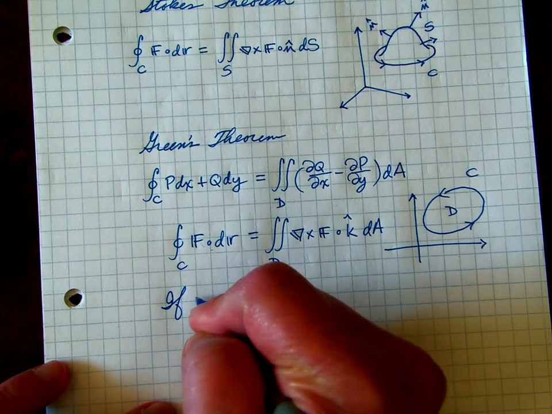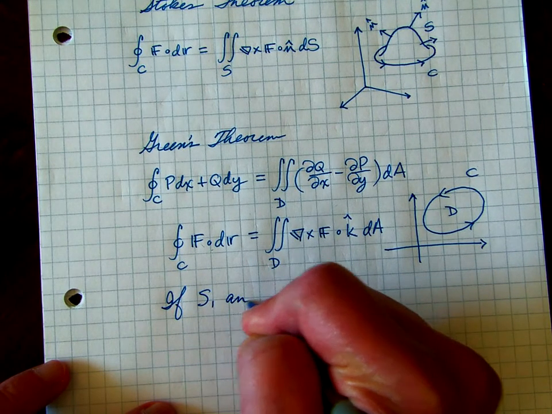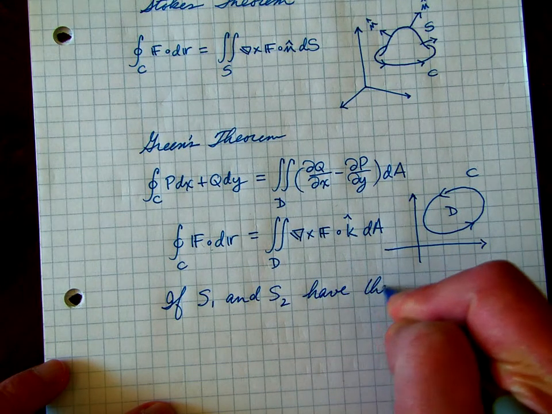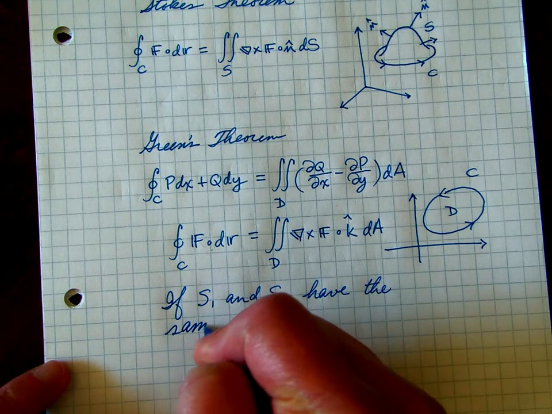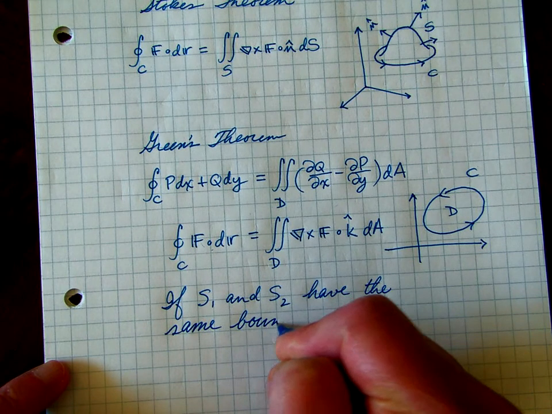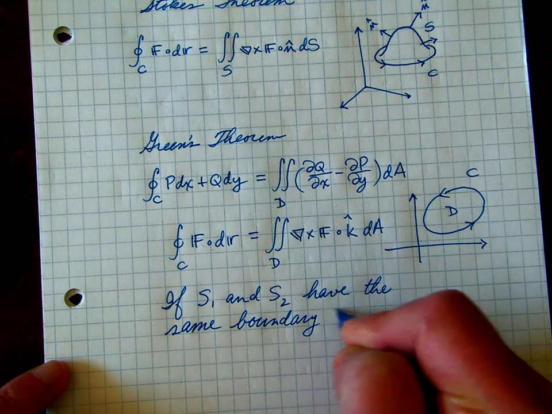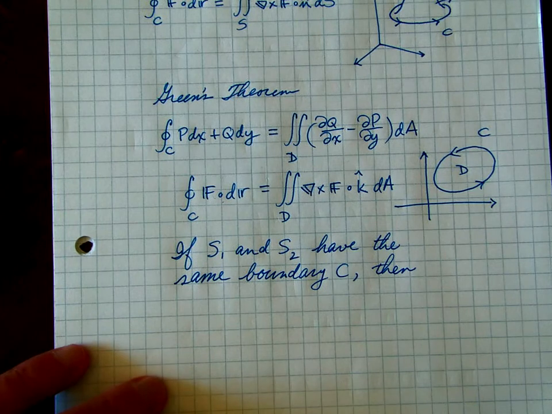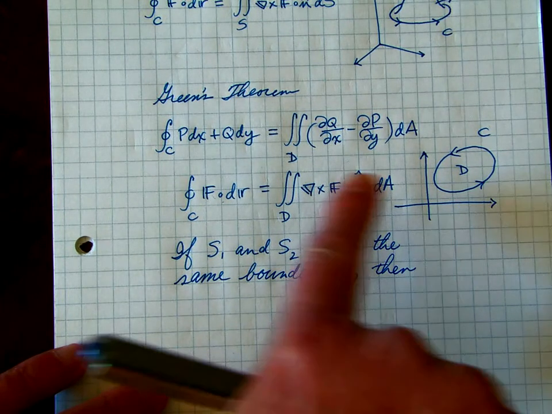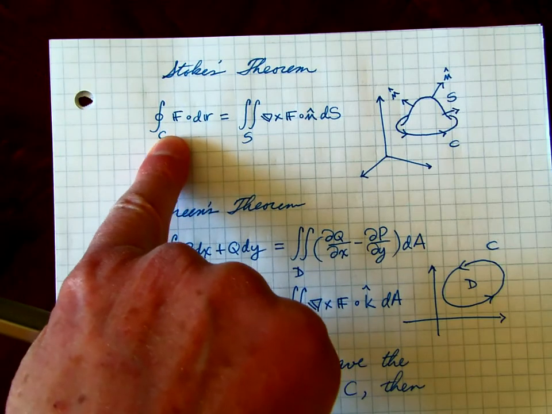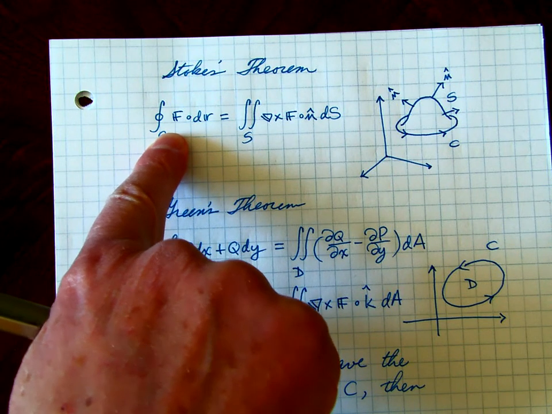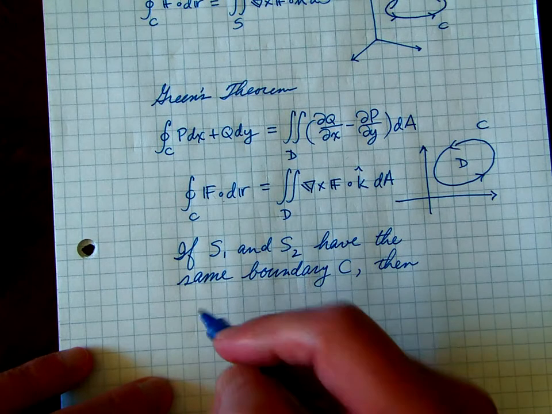If S1 and S2 have the same boundary C, then for both of them, Stokes' theorem says that they equal this work integral. So they have to equal each other.